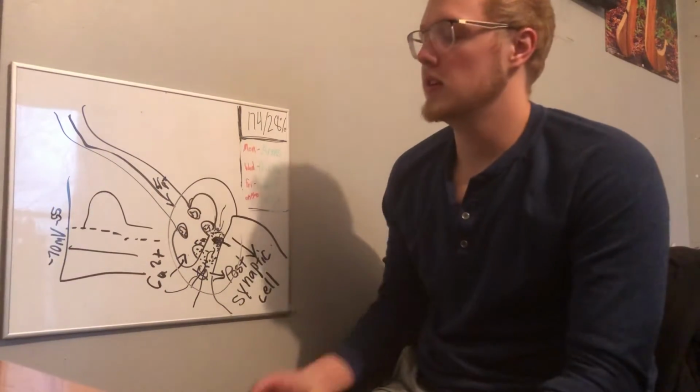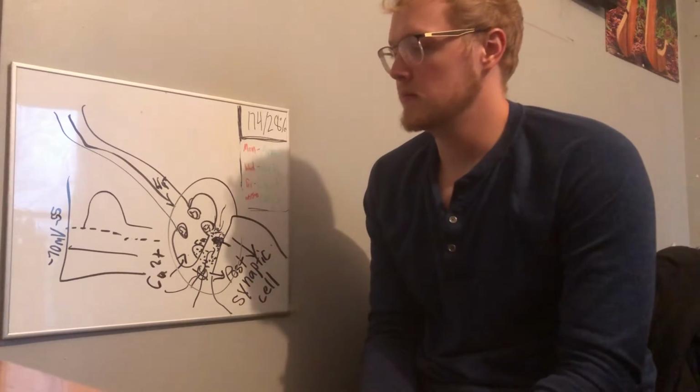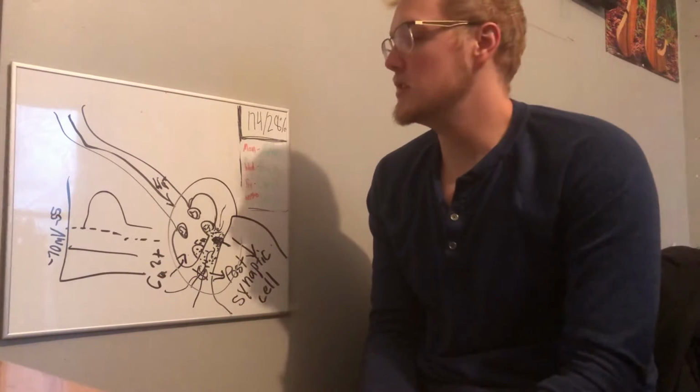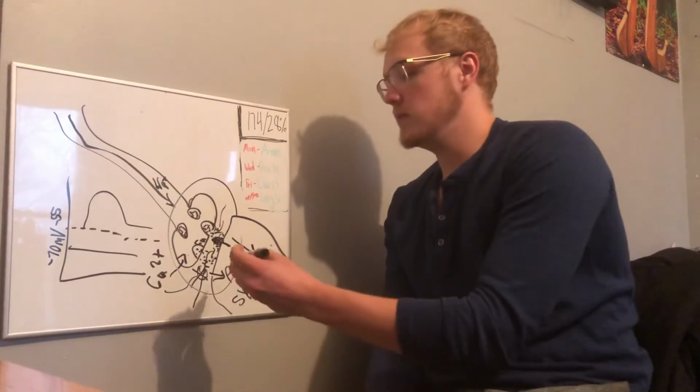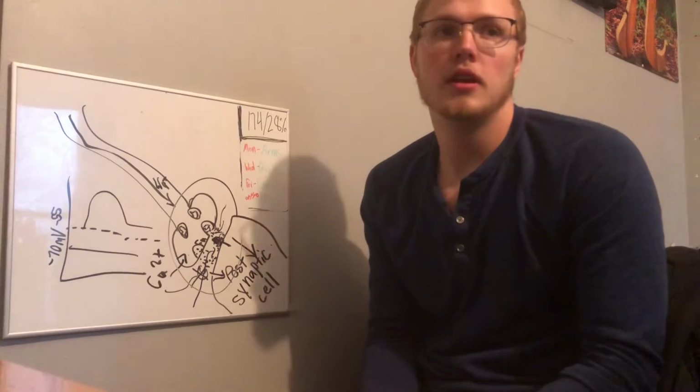So the reason why it would break the threshold can be a million different things. It's usually from receiving a signal from another cell. But that signal must have started somewhere.